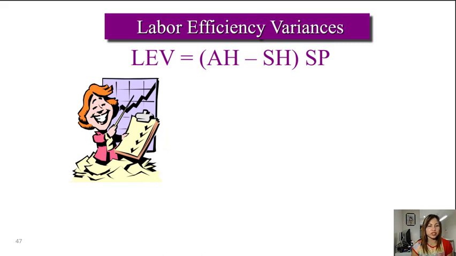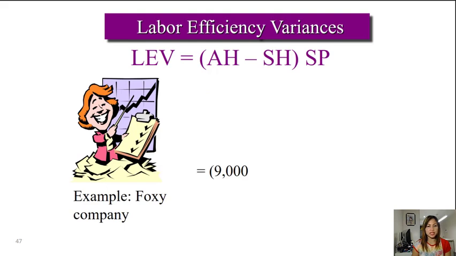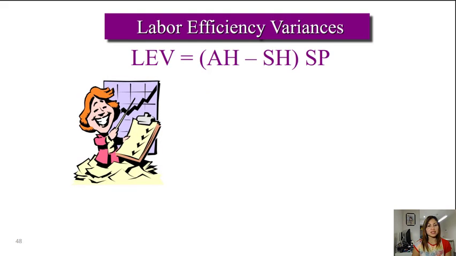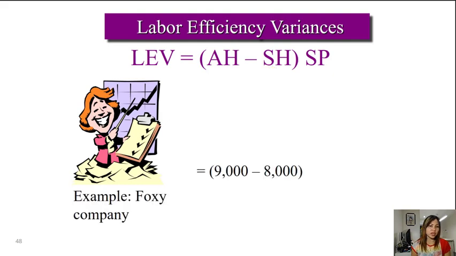Now let's have a look at efficiency. With efficiency, we focus on the quantity. In this example, because we are evaluating labor hours, we will focus on the difference between the actual hours and the standard hours that you set to be spent in the production. The actual direct labor hours used for Foxy Company is 9,000. The standard hours that you set is 8,000. Why 8,000?